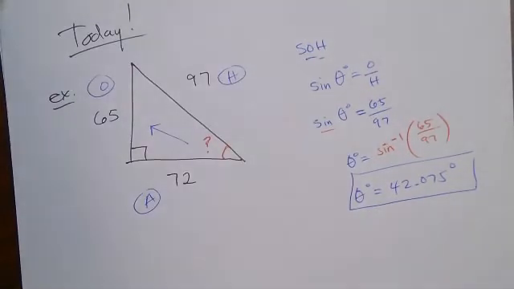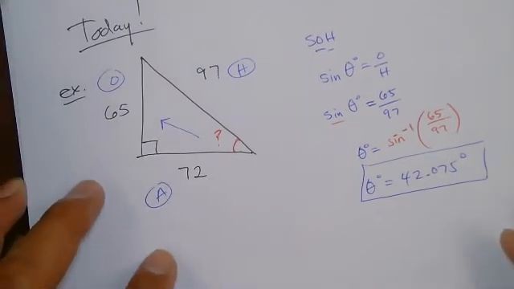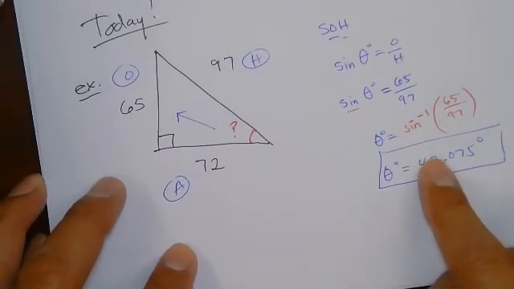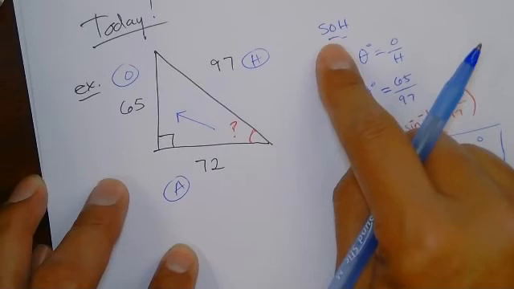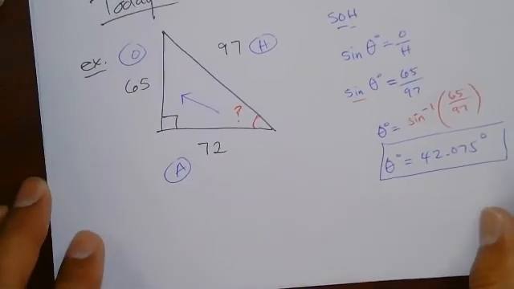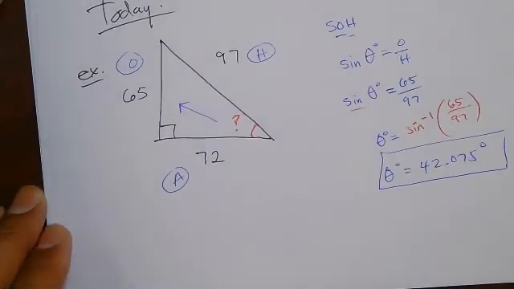Now, what if you didn't use sine? What if somebody said, I don't like sine. I use sine every time. I'm tired of sine. I'm going to use something else. What if somebody says, I'm going to solve it using cosine? You think we'll get a different answer? I don't know. It's going to be interesting. Remember, we got this angle, 42, using sine. Let's use cosine.